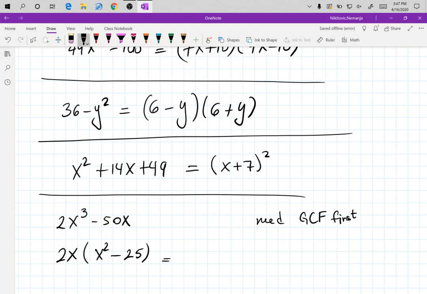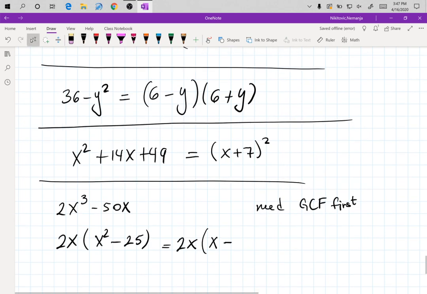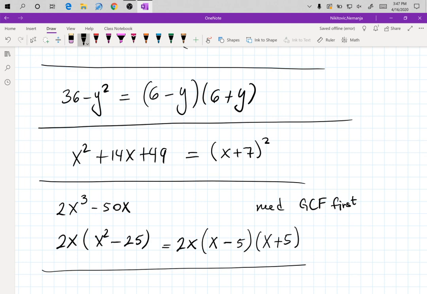Copy 2x, square root of the first, sign of the, well, oh, this is just a difference of squares. So square root of the first, and then minus, and then the 5, square root of the third, and then you change the sign in between. Very systematic.